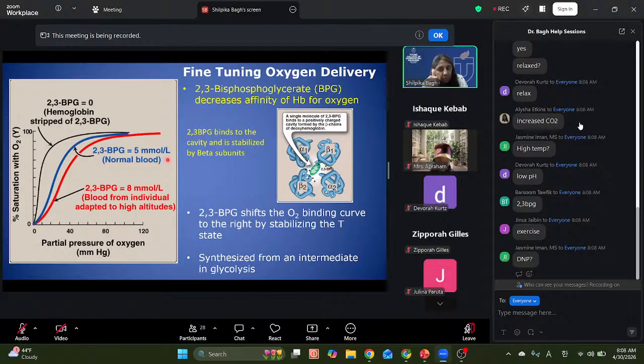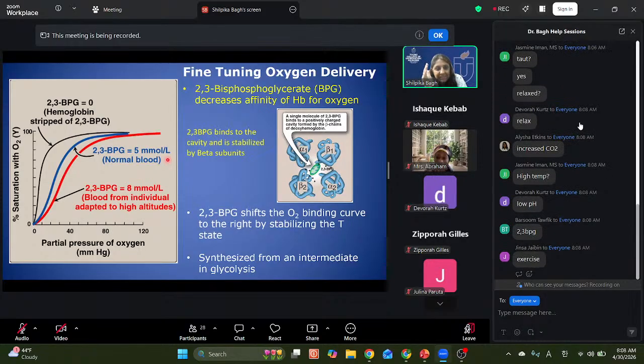Low PO2, high PCO2, low pH, high temperature, high 2,3-BPG. Not DNP, 2,3-BPG. There's no DNP here, please. They all shift the curve towards the right.